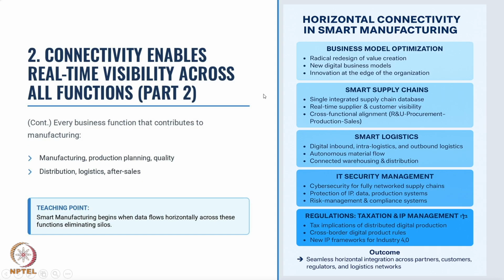A very important aspect for the success of smart manufacturing is horizontal as well as vertical connectivity. What do we mean by horizontal and vertical connectivity?